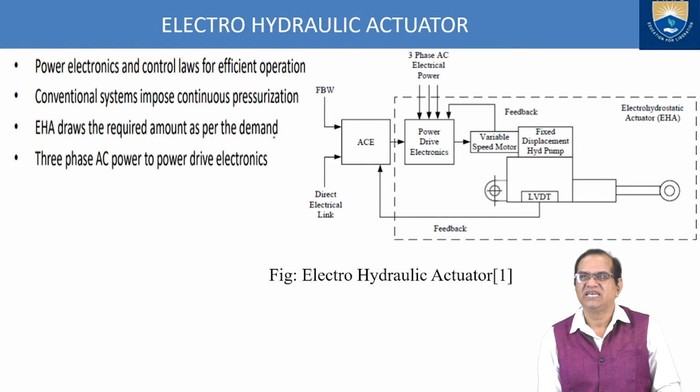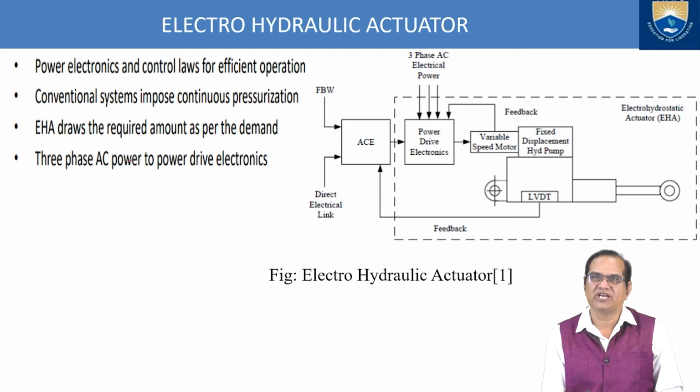So what is this EHA? Electro-hydraulic actuator. In this full electro-hydraulic system, we have the power drive electronics, the variable speed motors, and the fixed displacement hydraulic pump. These all systems are called the electro-hydraulic actuators.